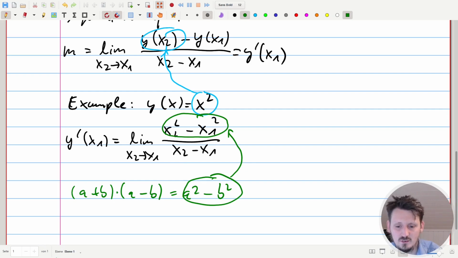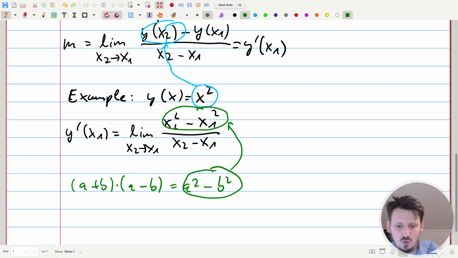And in this case, we can do this by rewriting this numerator here with the help of this third binomial formula.